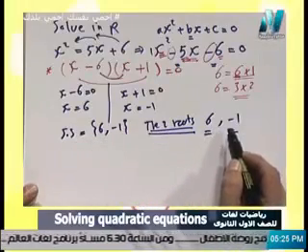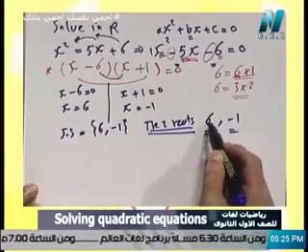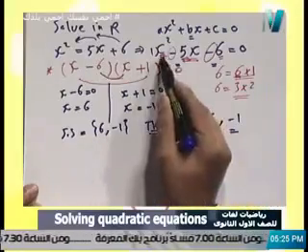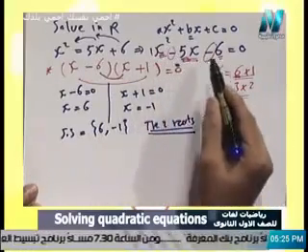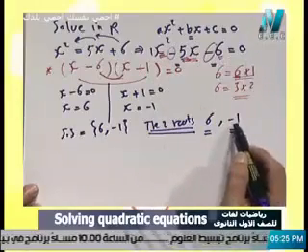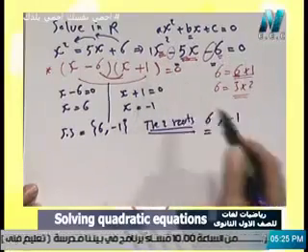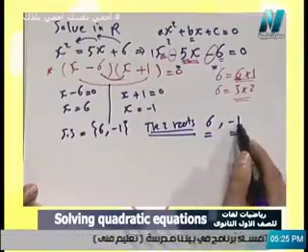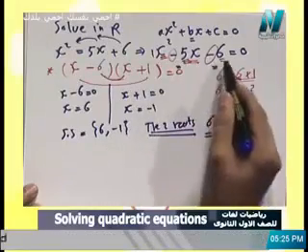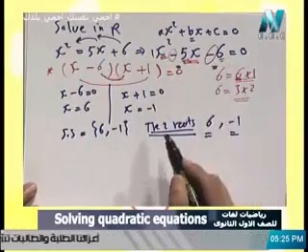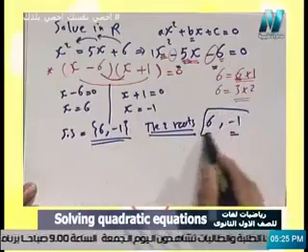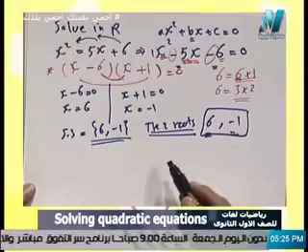As we said before, if we substitute x by 6 here, 6^2 minus 5 multiplied by 6 minus 6, the answer of course will be 0. And if we put negative 1 instead of x, negative 1^2 minus 5 multiplied by negative 1 minus 6 equals 0. So the solution set here equals 6 and negative 1, or the two roots here equal 6 and negative 1.